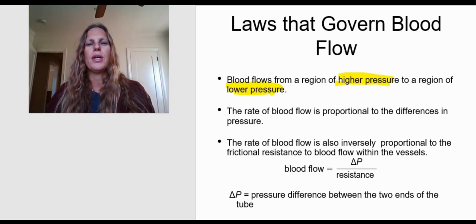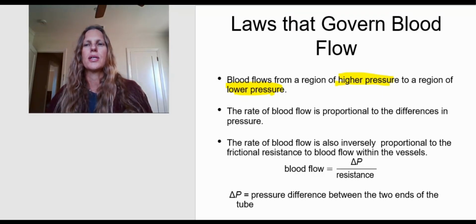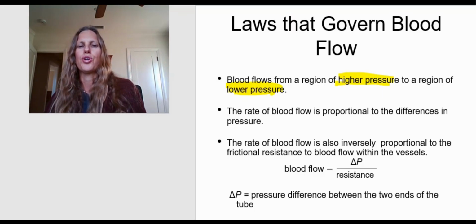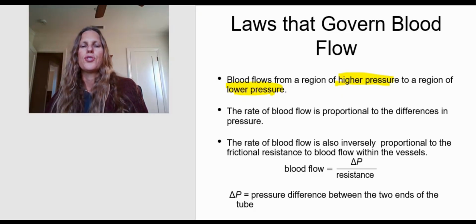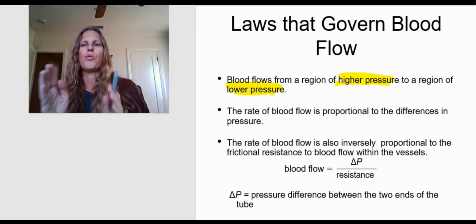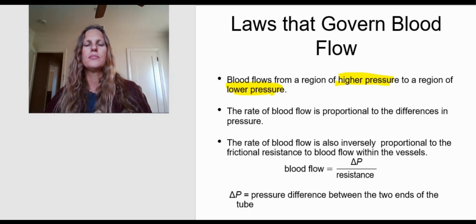The rate at which blood will flow is going to be proportional to the differences in pressures, meaning high pressure, high flow, low pressure, low flow. So we can say the pressure and flow are proportional. Pressure up, flow up.